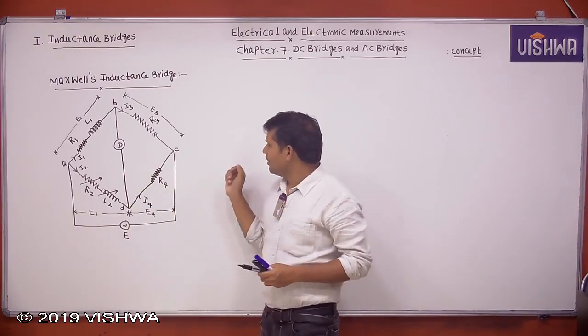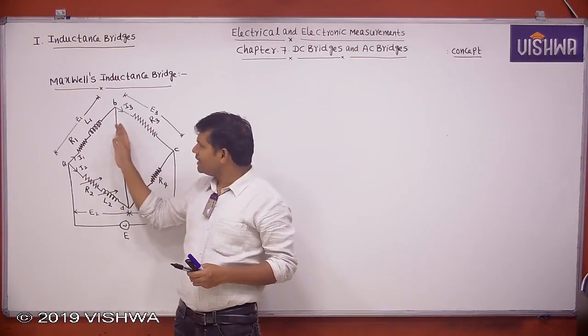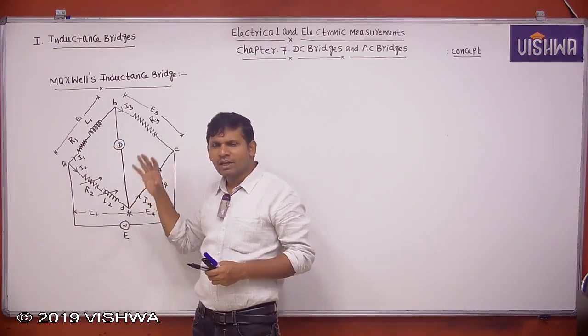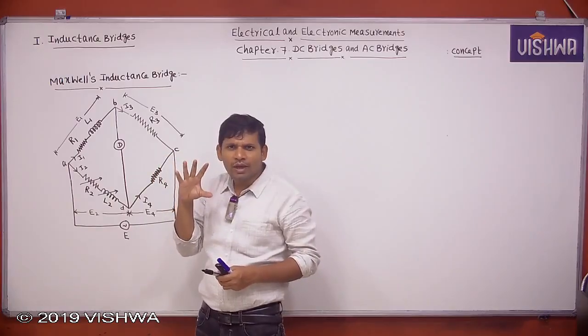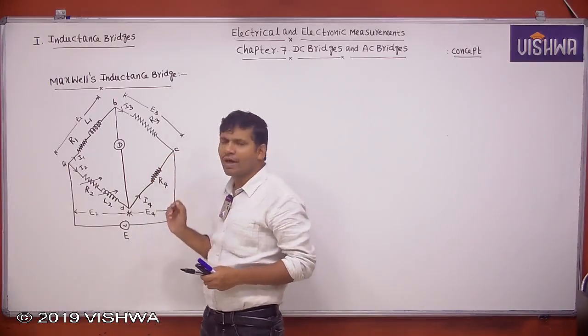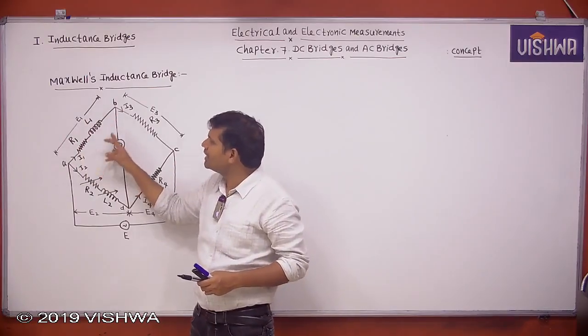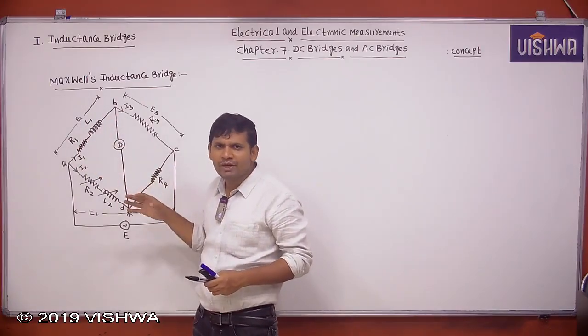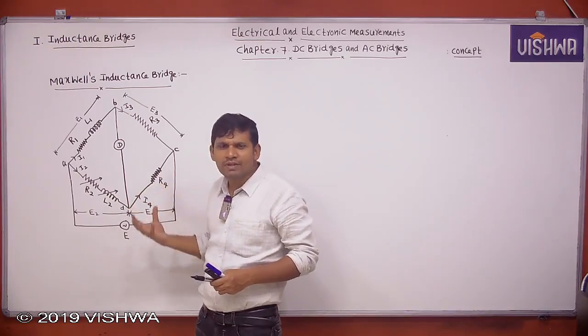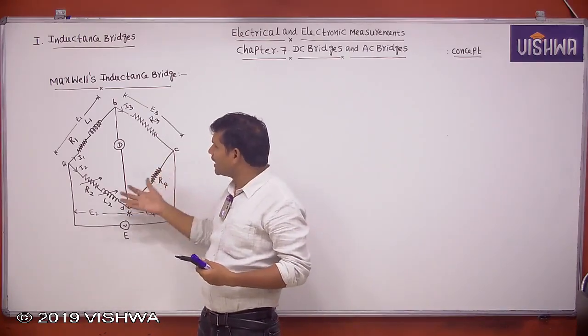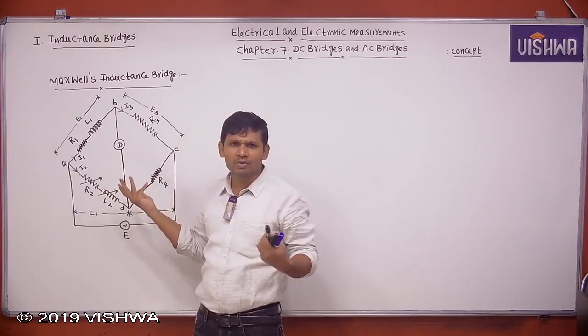But here take any one as the unknown impedance. In any one arm we connect the unknown elements, and the remaining are all known values. Take any one arm, but throughout I am taking arm 1 as unknown. In each bridge I will consider arm 1 only as the unknown. But you can take arm 2 or arm 3, any arm you can connect unknown elements, no problem.